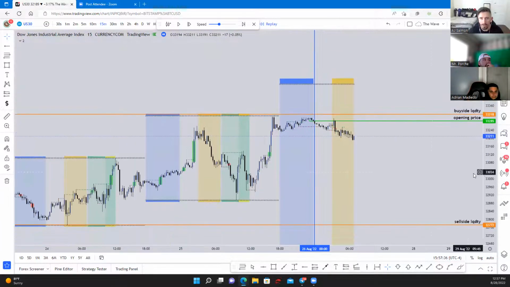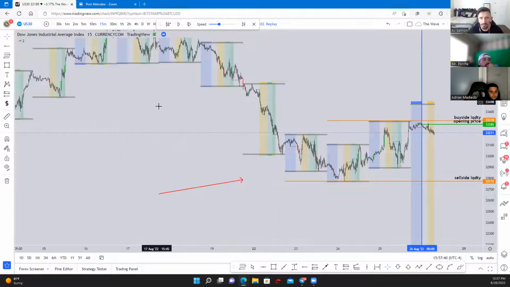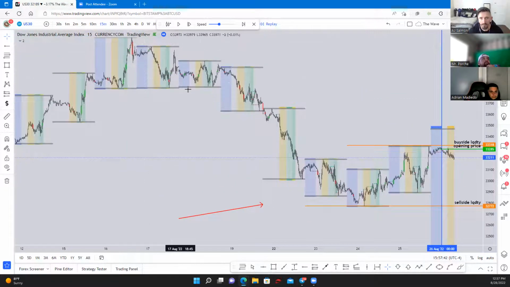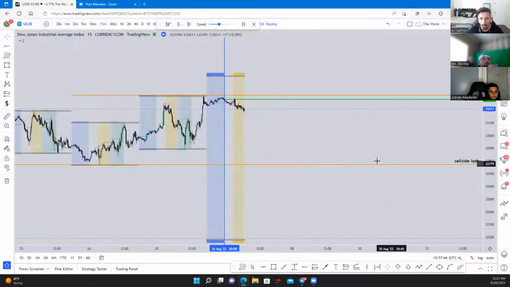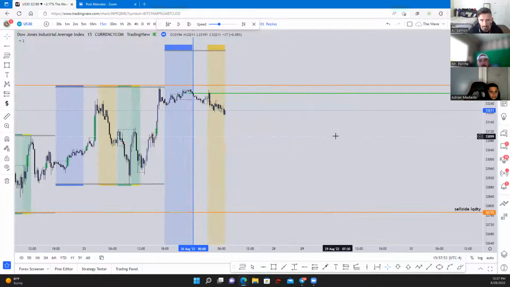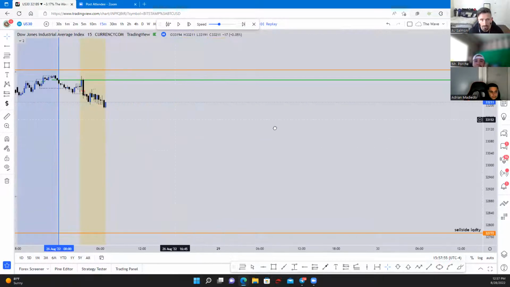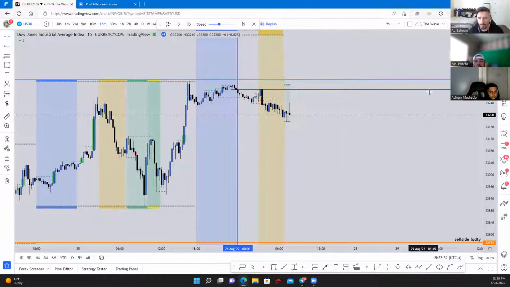Since we know the trend has been bearish, with US30 just melting off the last few days, we're going to be looking for price to move up so we can sell it at a premium price. So we're waiting for price to take out this buy side liquidity so we can look for sells.